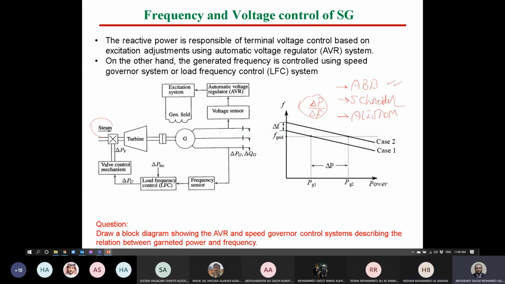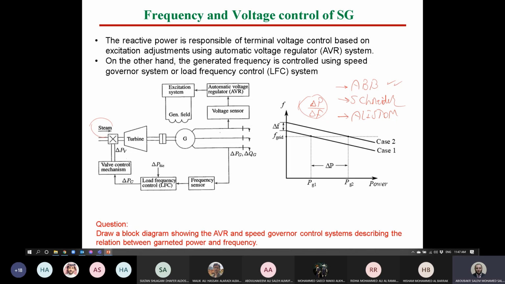Is there anybody who took the course of power electronics? Yes. Good. So if you are speaking about the speed control of AC machines, there is something called variable speed drive. Variable speed drive is nothing but controlling voltage and frequency of AC motors.